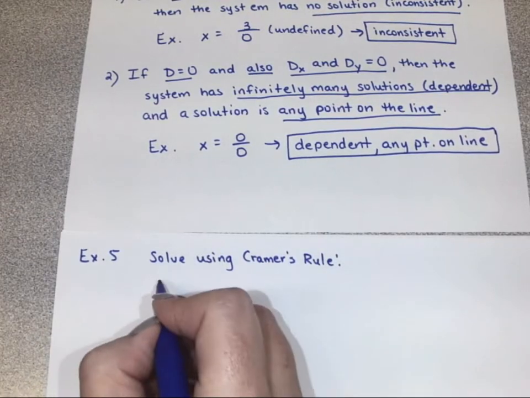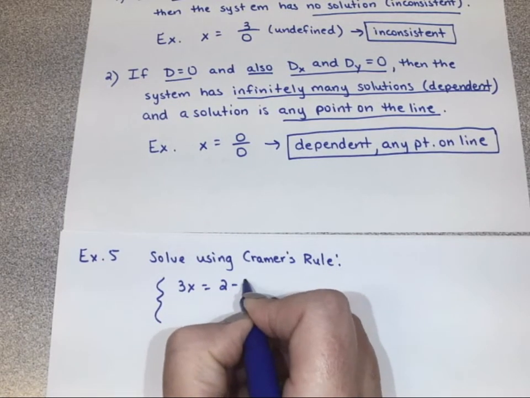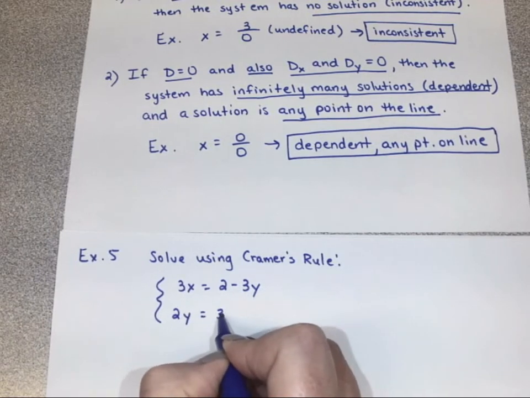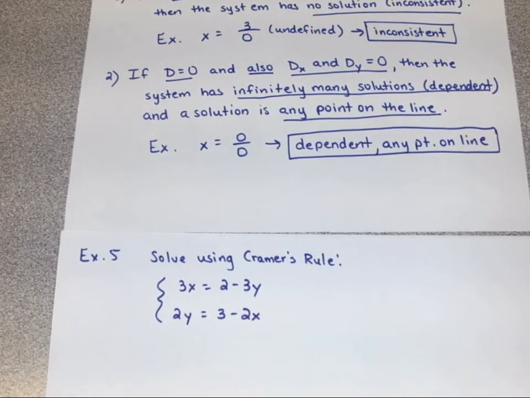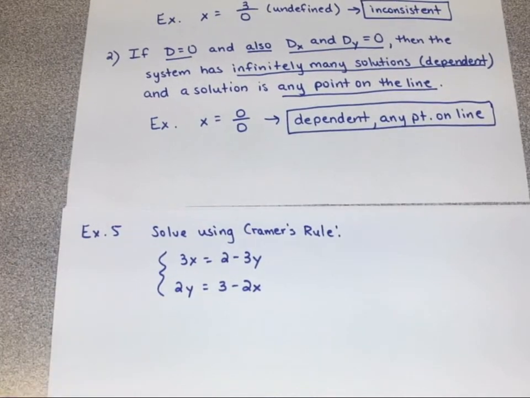So let's say I gave you this system. Now, I also want you to notice that this really isn't looking like it's supposed to look, right? We do need these terms in order because remember we talk about the A's, the B's, and the C's, and it has to go in alphabetical order.